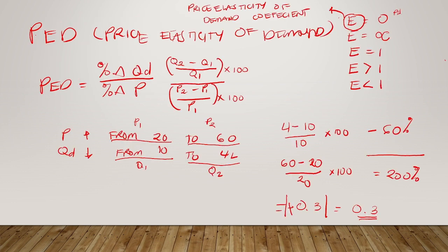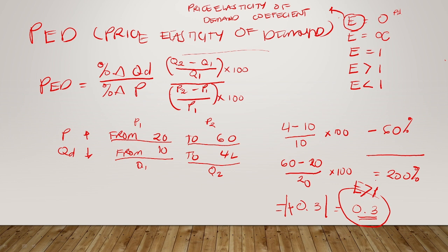Let's go back to our formula. As you can see here, this is our value, 0.3. What is this? This is less than 1, or what we call inelastic.